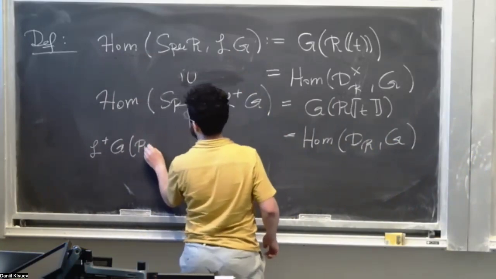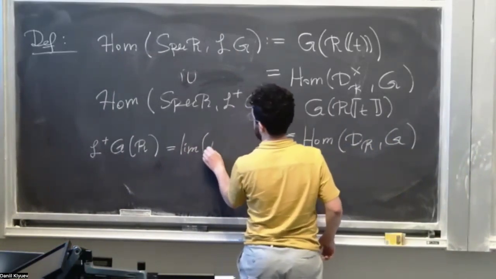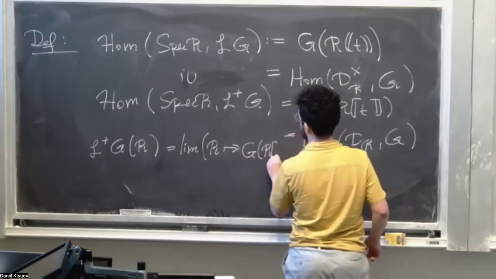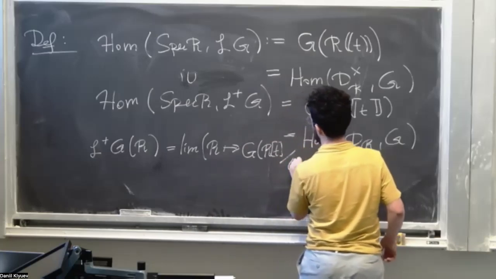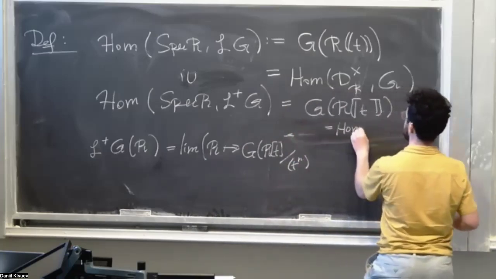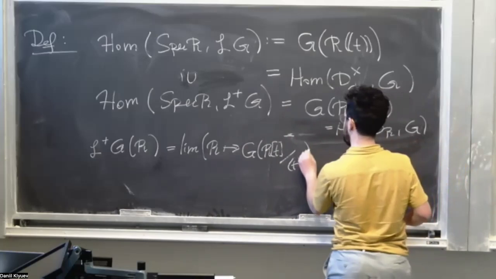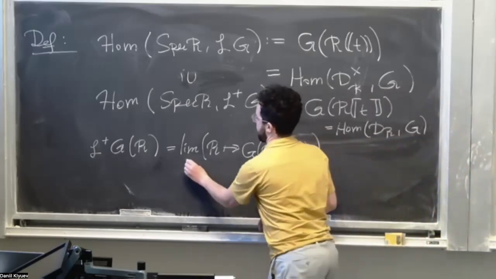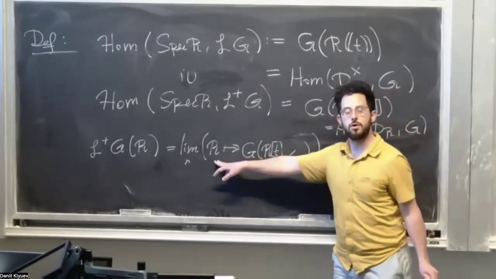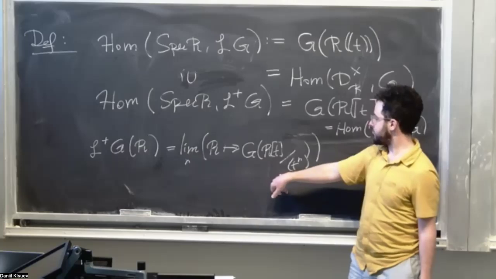The space of positive loops can be written as a limit over the spaces taking R to G(R[t]/t^N), so the points are some Nth neighborhood of the usual G-point.